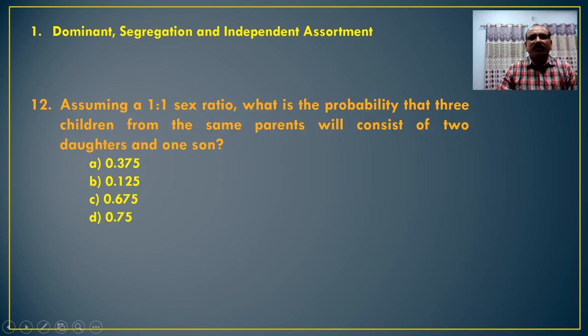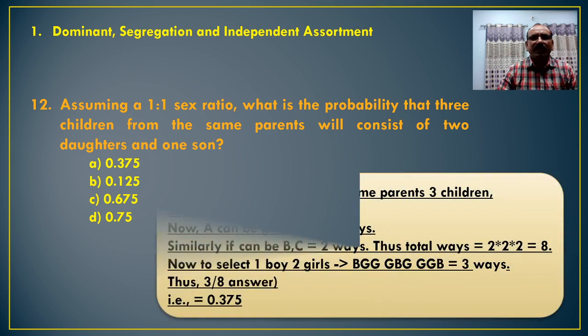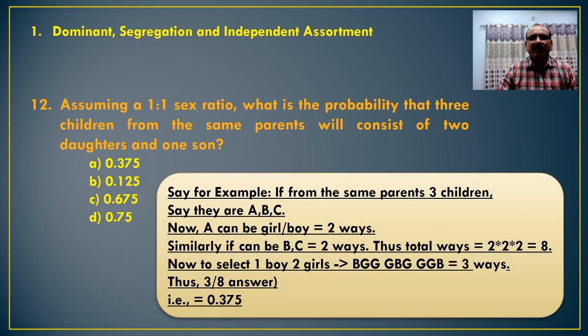Assuming an equal sex ratio, what is the probability that 3 children from the same parents will consist of 2 daughters and 1 son? These are very easy problems, but we are not able to give the proper answer because we don't have that type of idea. Here I am giving a simple method. Say the 3 children from the same parents are A, B and C. Now A can be a girl or a boy, so there are 2 ways.